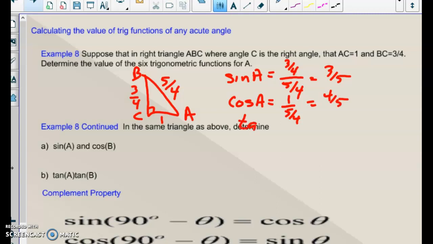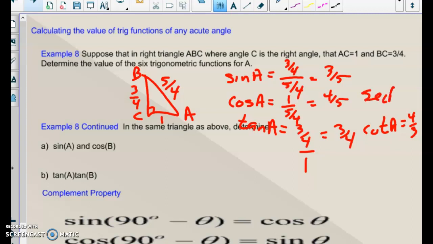And the tangent of A is the opposite over the adjacent, or 3/4 divided by 1, which gives me 3/4. And then we can do the reciprocal of each of those. So the cotan of A is equal to 4/3, the secant of A is 5/4, and the cosecant of A is 5/3.